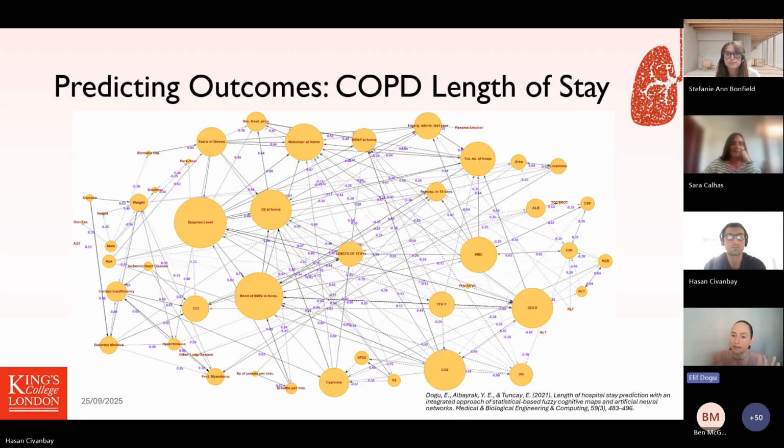And when you create a systems map like this one with the relationships between the features, then you can make calculations to converge this system to a steady state, where you can then understand which of these variables are the most influential, the most powerful ones in the system. Next slide, please.